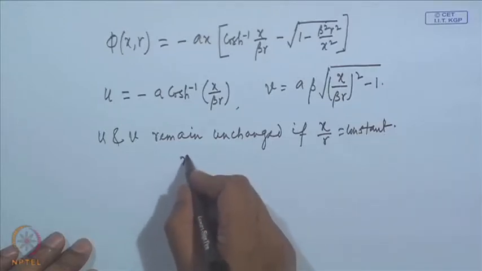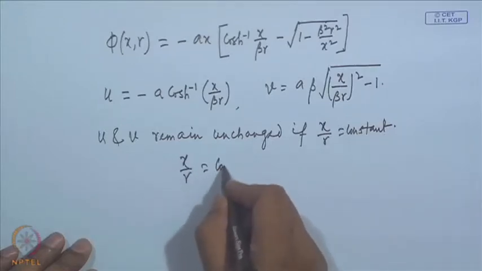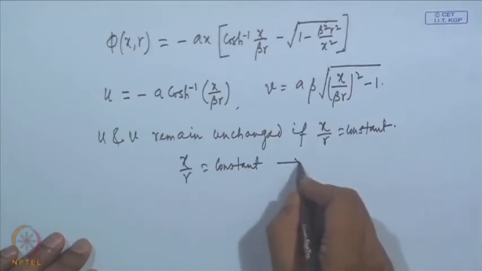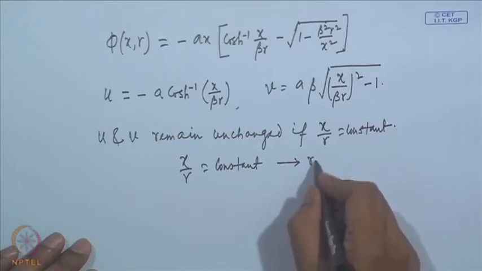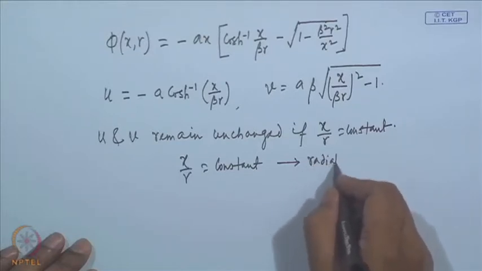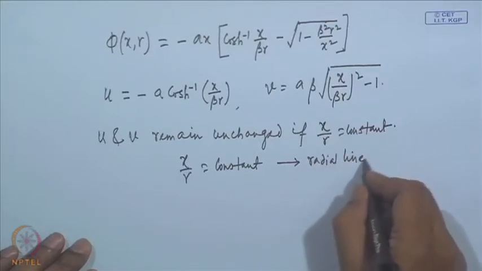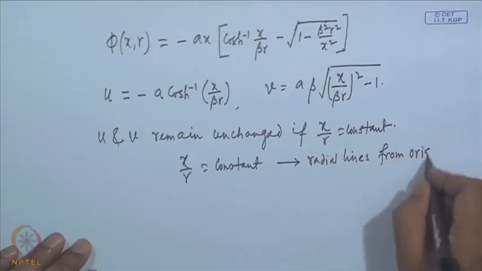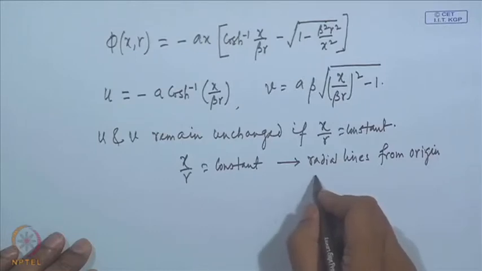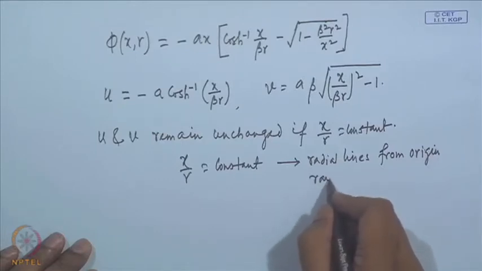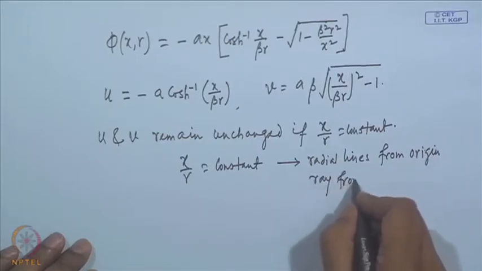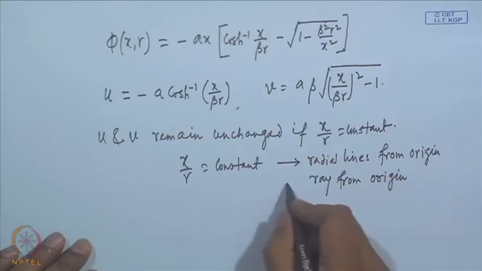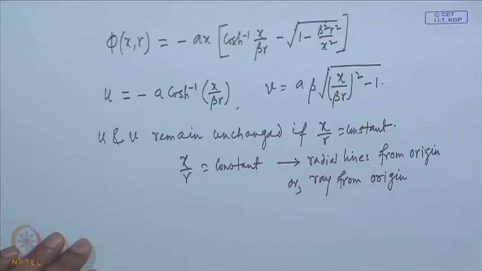Now, x by r equal to constant, these are radial lines from origin, also called a ray from origin.